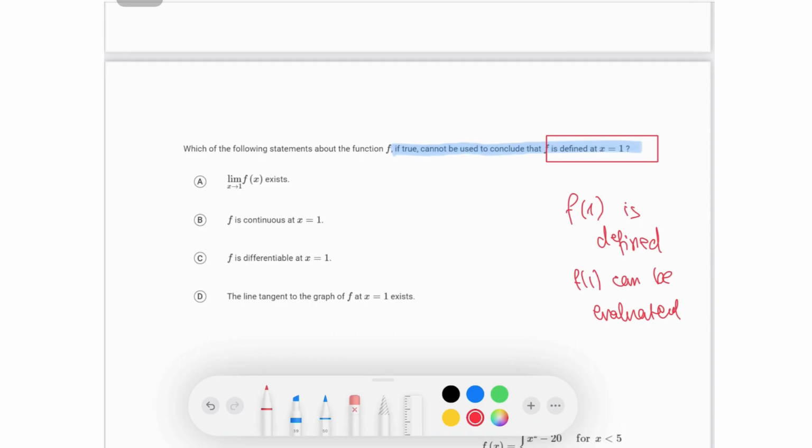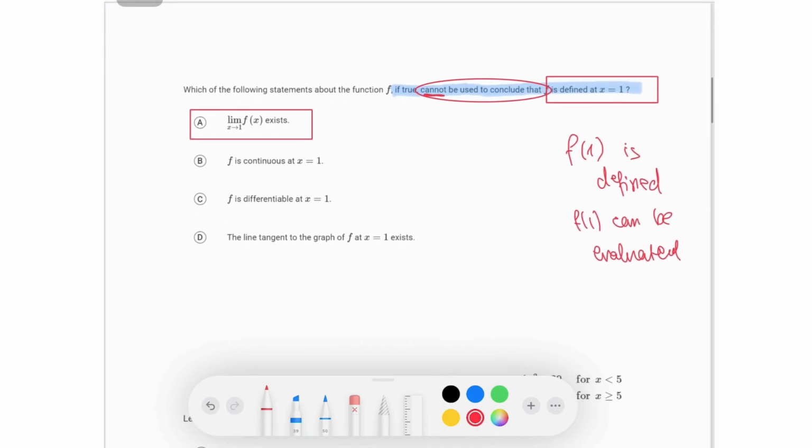And here is the answer. We need a statement that cannot be used, so that statement cannot be used to know f of 1. Let us say the first option is: the limit of f of x as x approaches a exists.